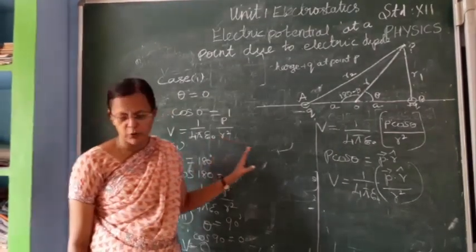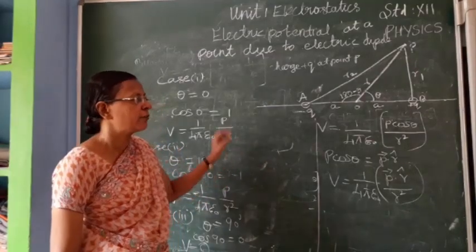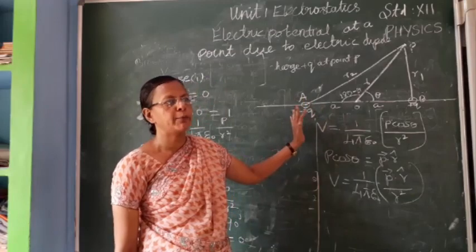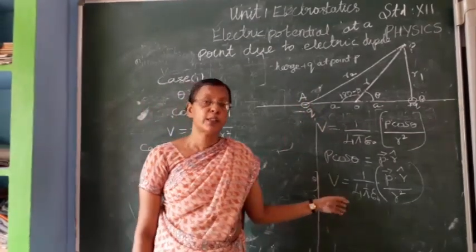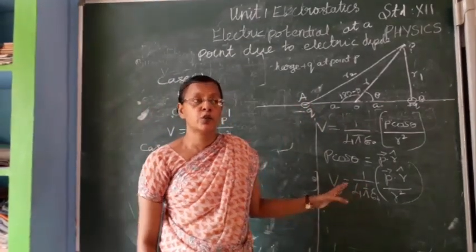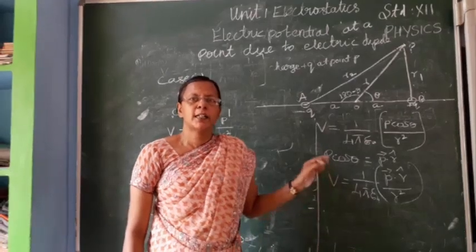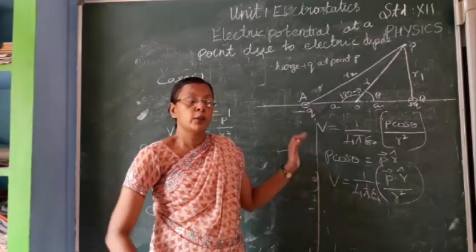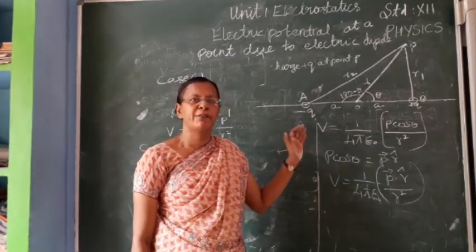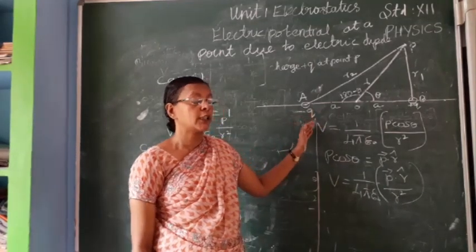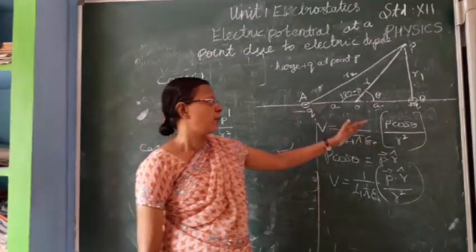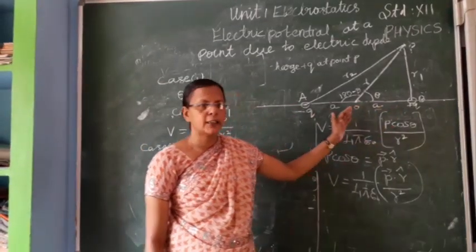So this question is important: electric potential at a point due to an electric dipole. Today we have learned 2 questions. First, electric potential due to a point charge. Second, electric potential due to an electric dipole. What is an electric dipole?